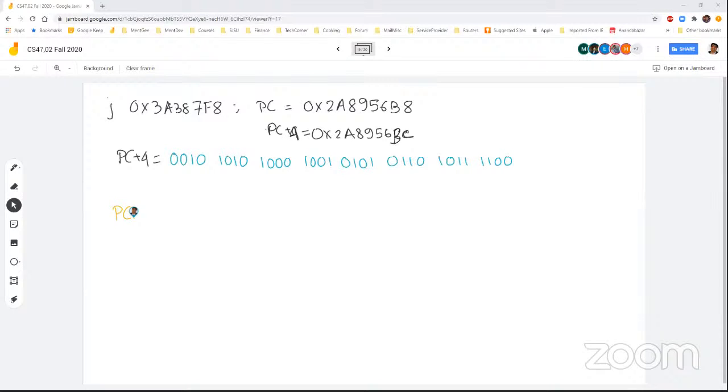PC next, which is this 4-bit comes here, 0010, and the processor appends 2 more 0s at the end, and the rest 26 bits come from here.